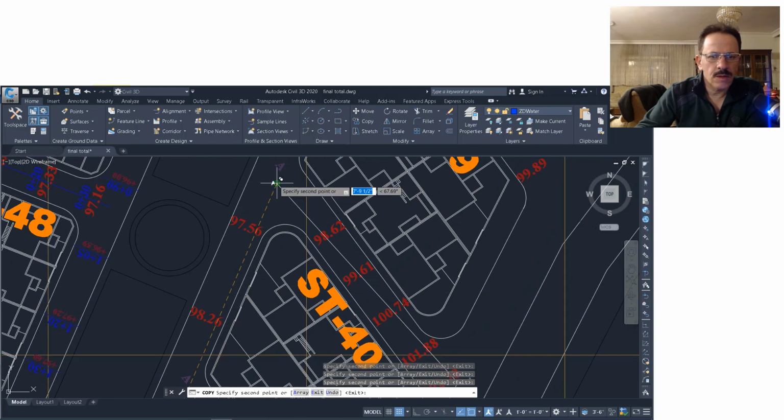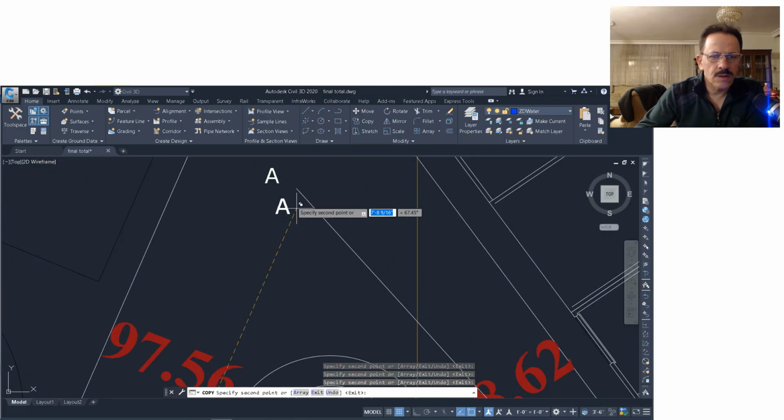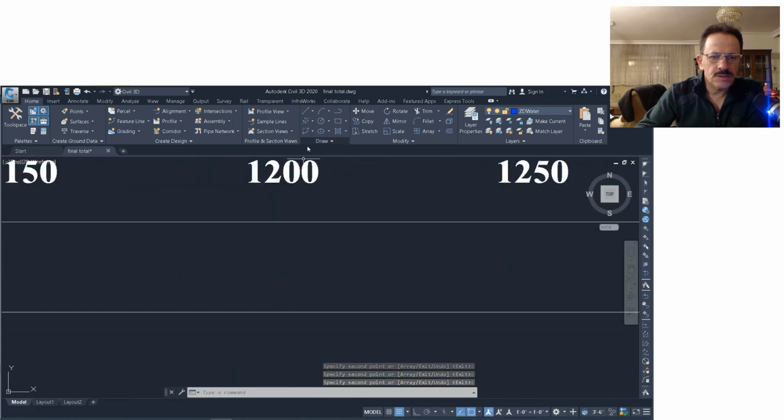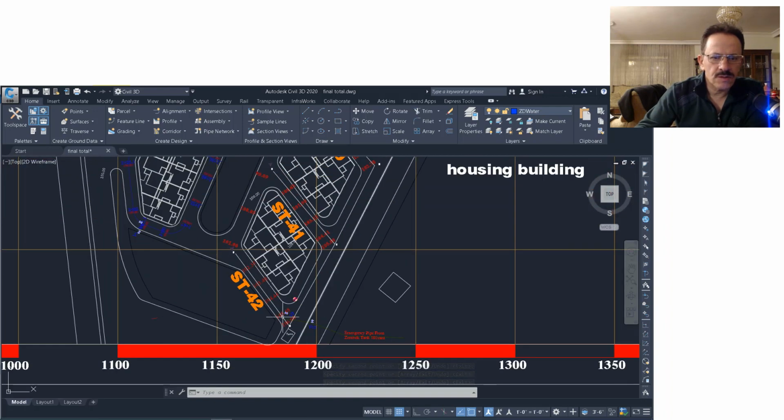It will take somehow a little bit of time from the beginning, but it's necessary for having a very good design.